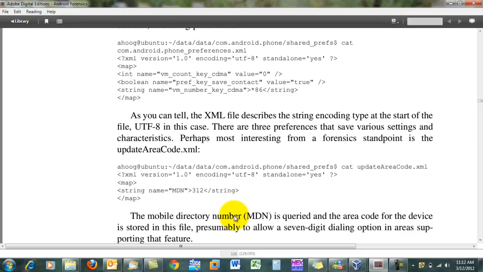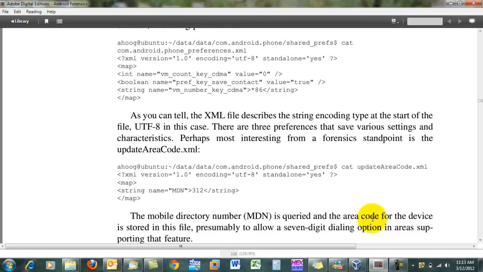Every time your mobile phone queries a MDN, it will record the area code for this phone. So let's say you are in some area, and the phone is querying a MDN, it will store this number like 312, which belongs to a certain area of this country.